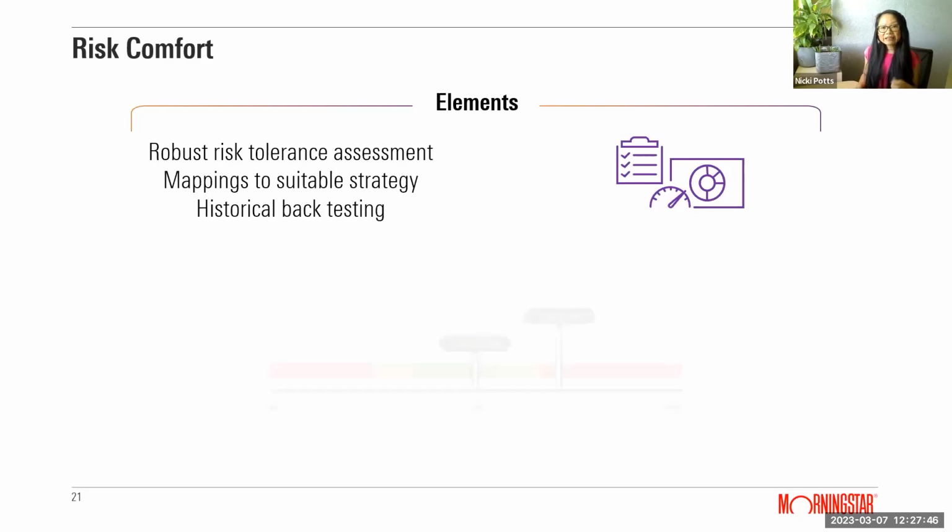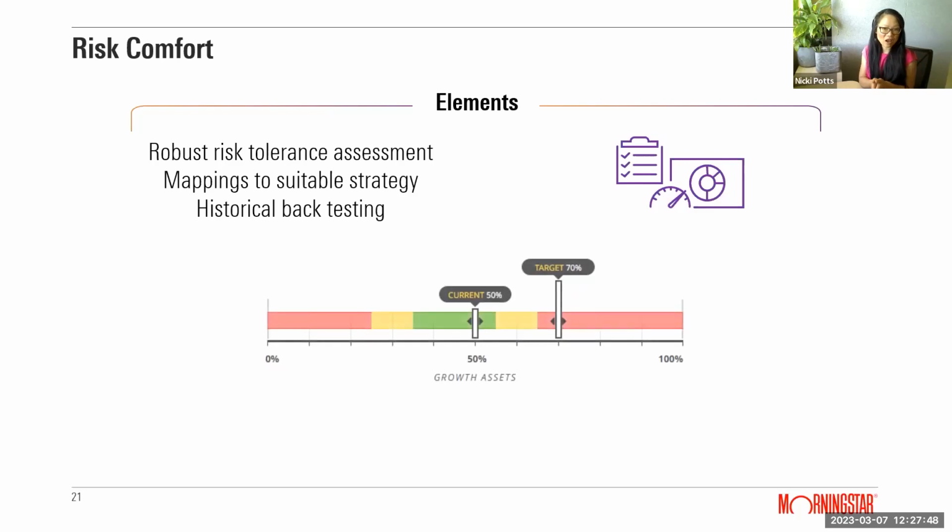So here's an example of what that can look like. The investor's risk tolerance assessment is translated to a comfort range of between 36 and 55% growth asset, the green band you see there. And the investor's target strategy currently sits outside the comfort range in the red area.